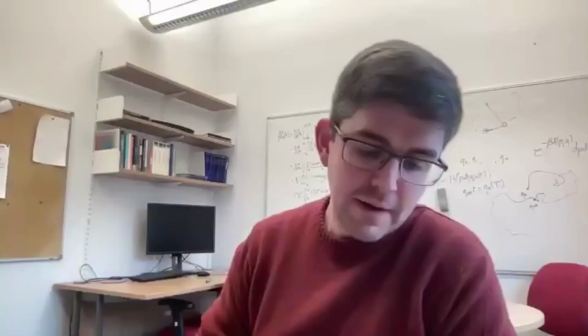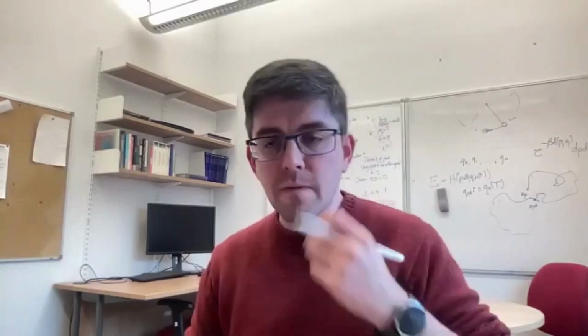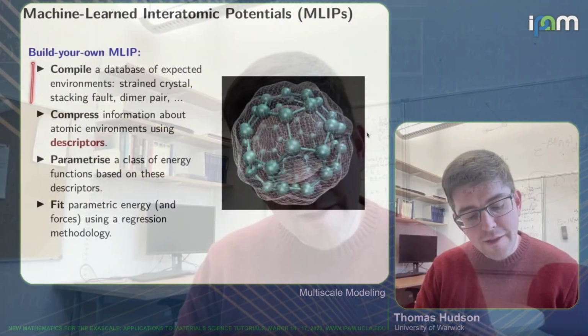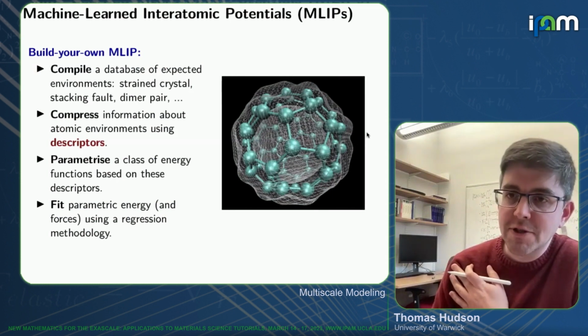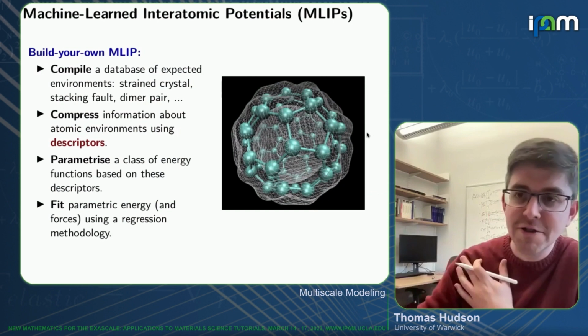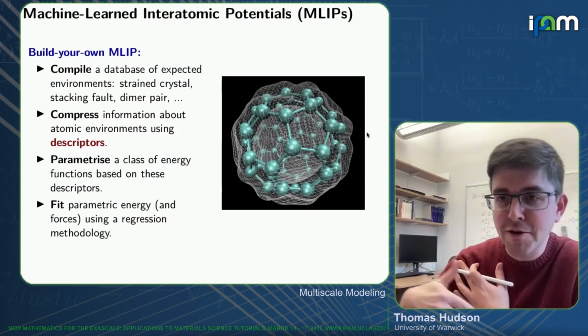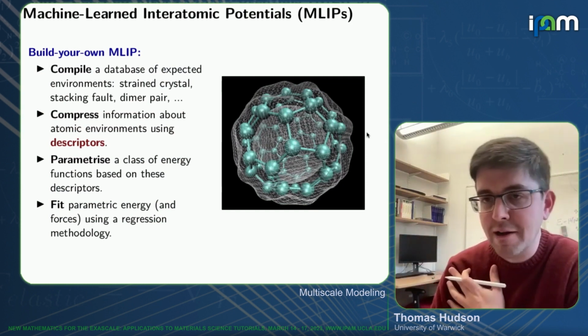Yeah, so like I said at the time, let me go back to here. There's a bit more of a nonlinear process than I maybe presented it as here, right? Which is that I might also need to explore this space more, exactly as you're suggesting. So I might have some ideal structures that I want to put into my database, but then I might try and fit it, and then I might try and simulate with that potential and check whether or not I've actually got an accurate fit.